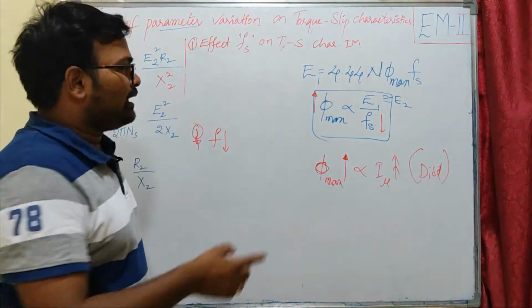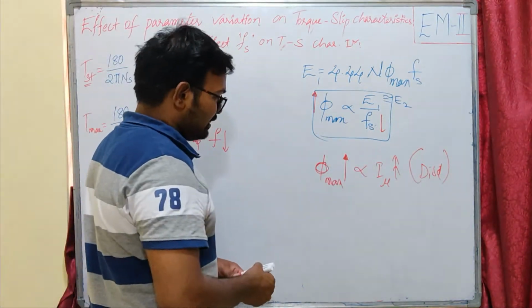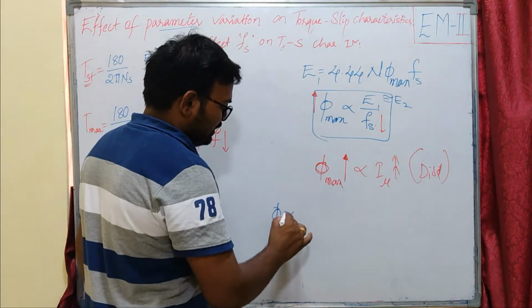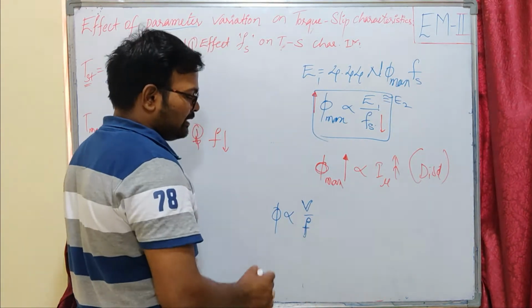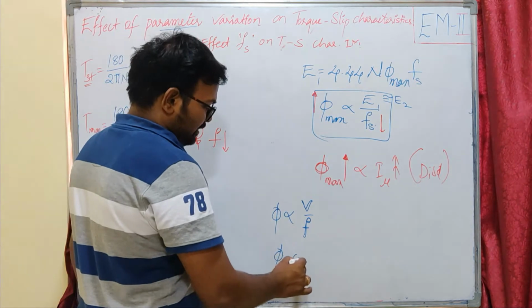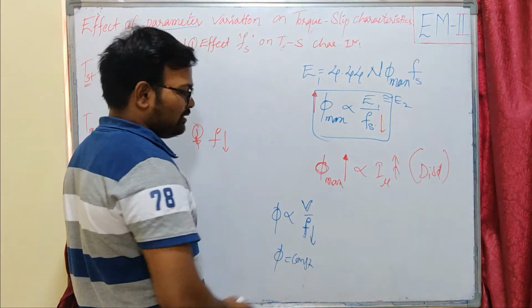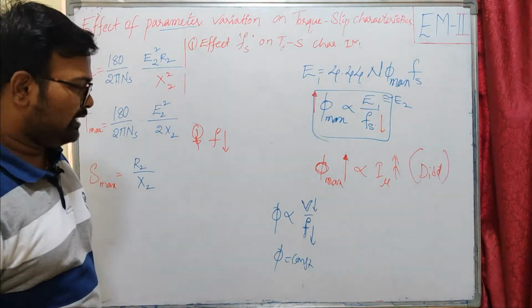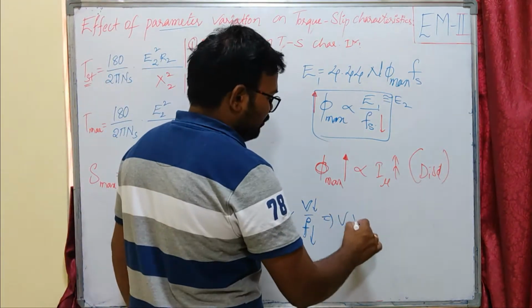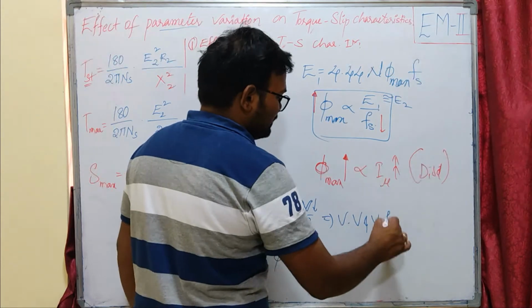For that I cannot reduce the frequency only, I have to change the voltage and frequency such that our flux in the air gap is constant. That means if I have to reduce the frequency, I have to reduce the voltage also. This is nothing but variable voltage and variable frequency operation.